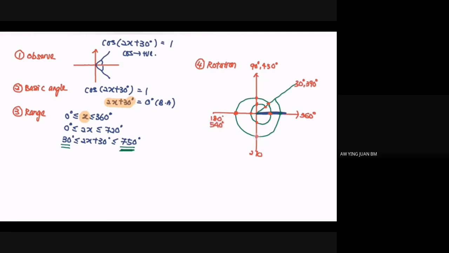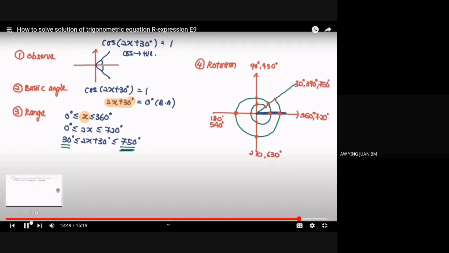Next, for this part, 360 plus 270, we will have 630. Okay, so finally, we add on 360 plus 360, we have 720 for this part. And then finally, add on 30, so we will have 750. So basically, that is the rotation.